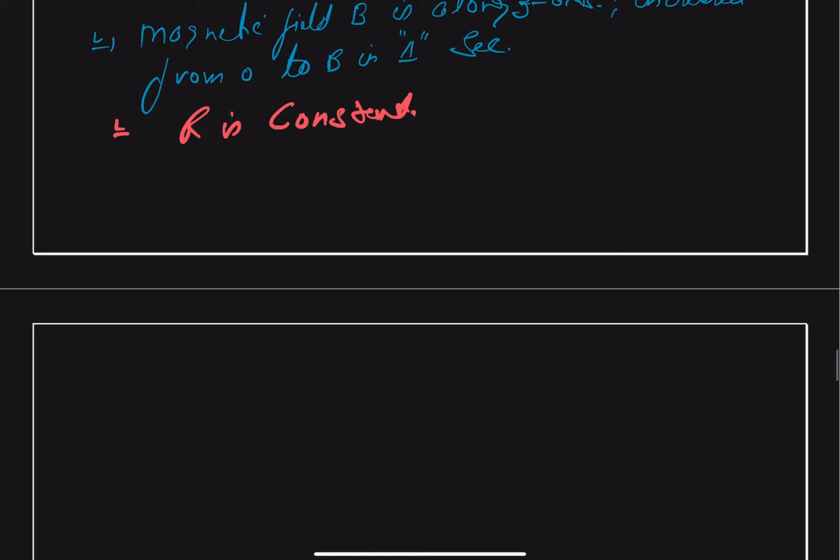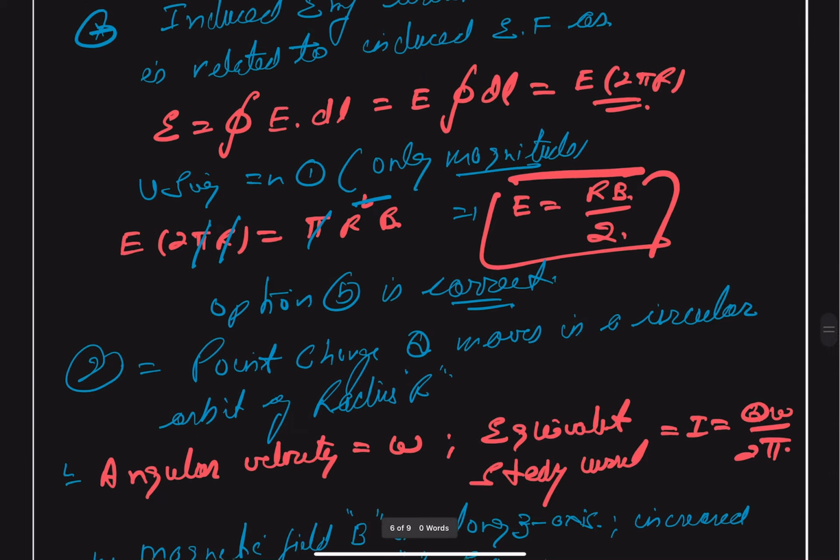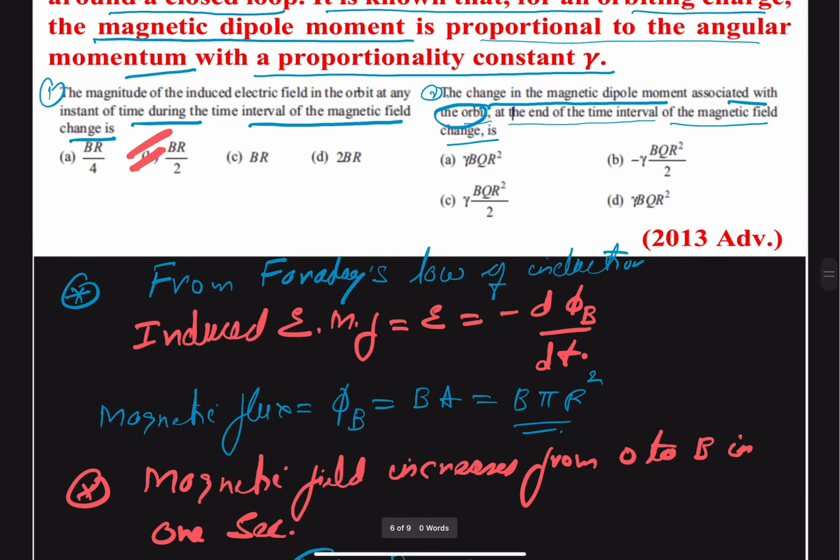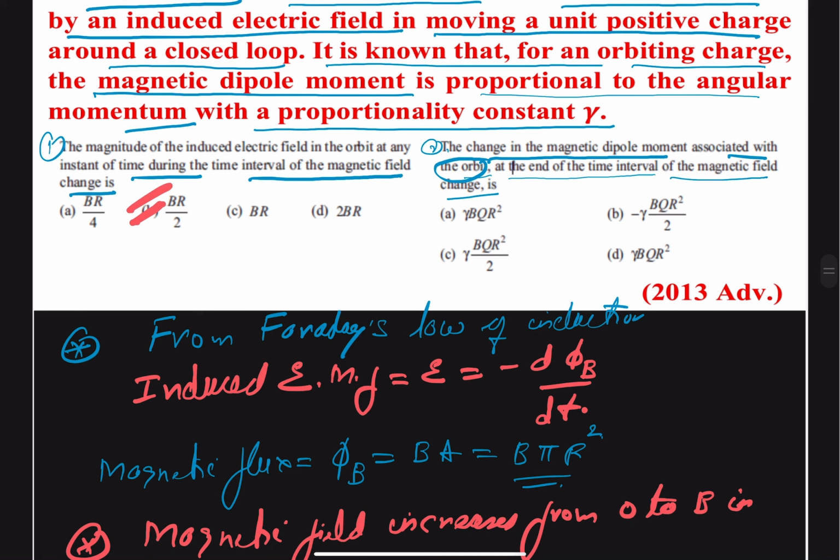Therefore, we can write that the magnetic moment is given as a constant of proportionality. It is given in the question that for the orbiting charge, the magnetic dipole moment is proportional to angular momentum with a proportionality constant gamma.